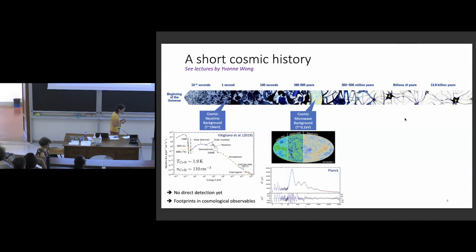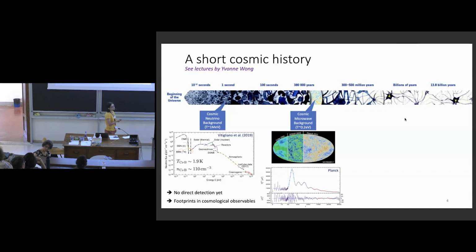These photons show an almost perfect black body at a temperature of about 2.7 Kelvin, with some small temperature fluctuations of the order of 10^-5.